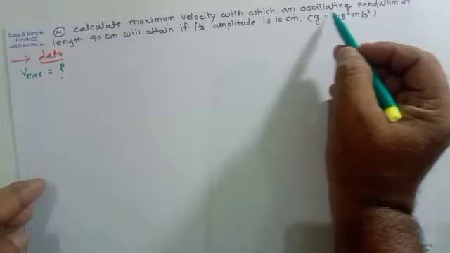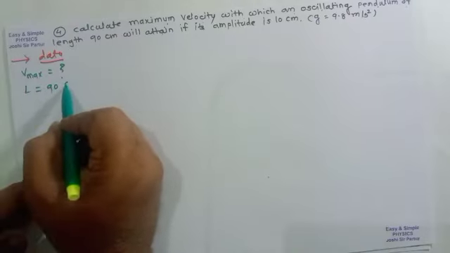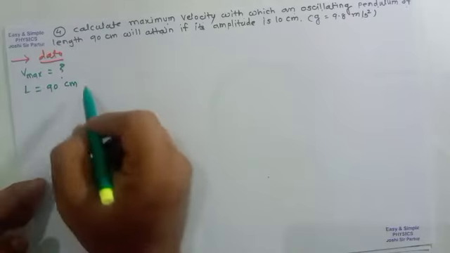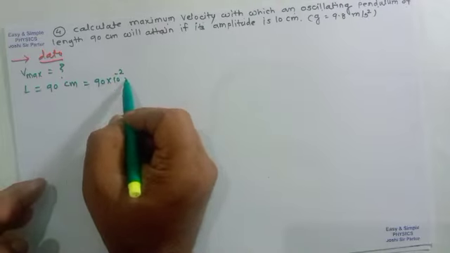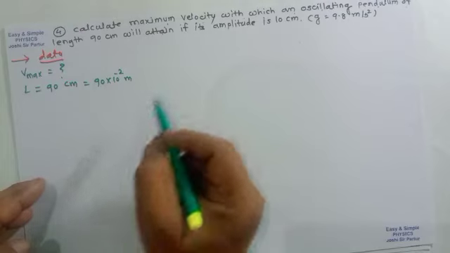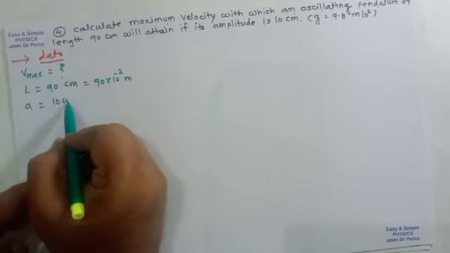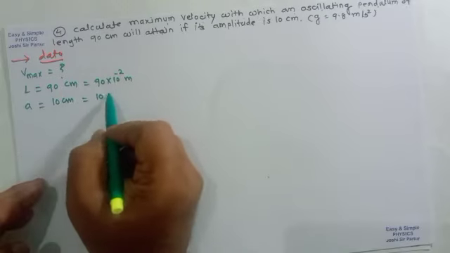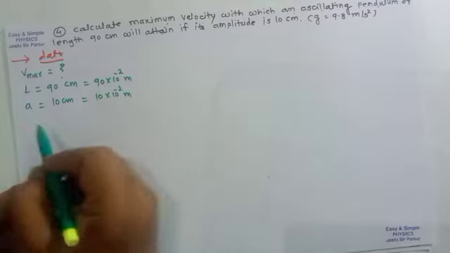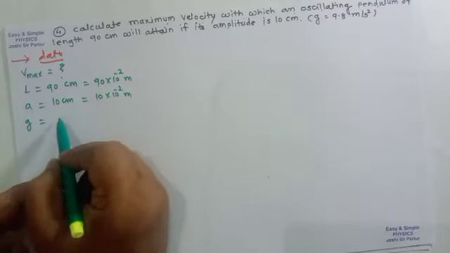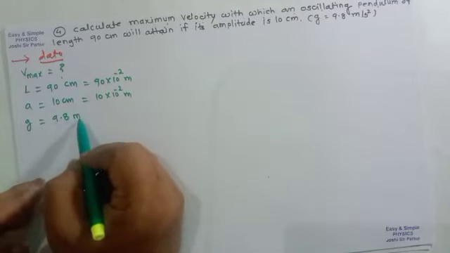Again, oscillating pendulum having length 90 centimeter, means 90 into 10 raised to minus 2 meter. Amplitude A will be 10 centimeter, means 10 into 10 raised to minus 2 meter, and value of g will be 9.8 meter per second square.